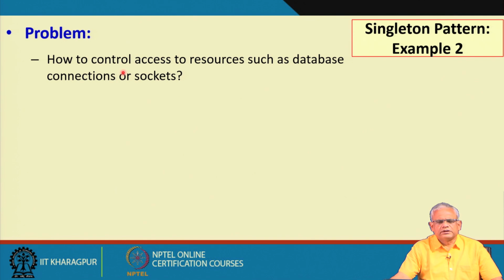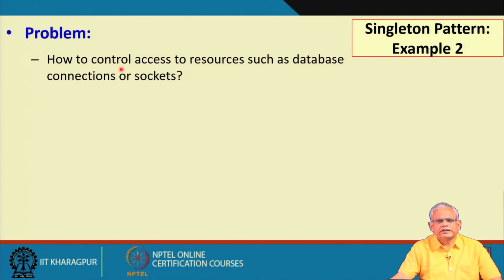Another example is that we have a commercial database and then we have many parts of the application trying to access the database. Different parts can open a connection to the database, but then the license requires that at any time we should have only a single connection to the database.